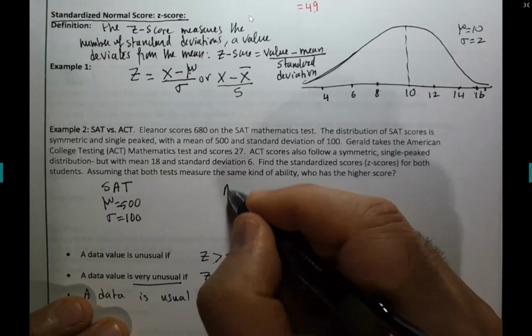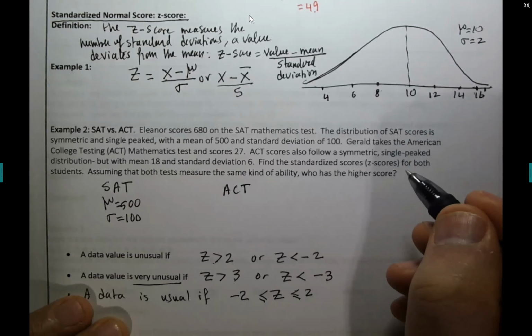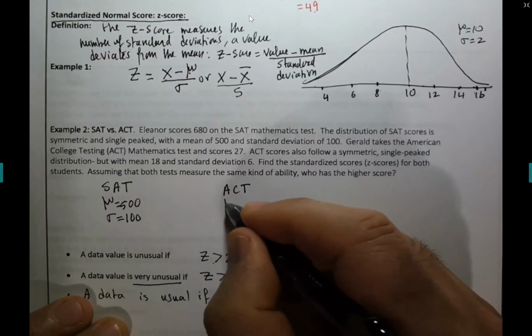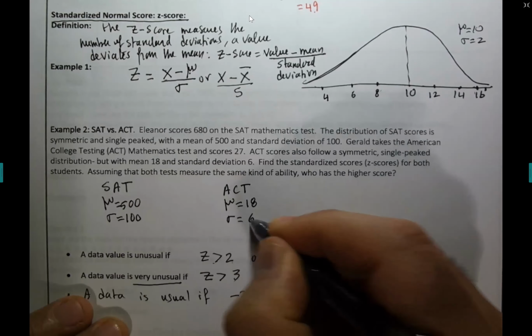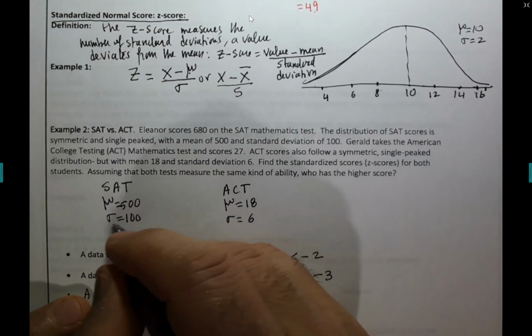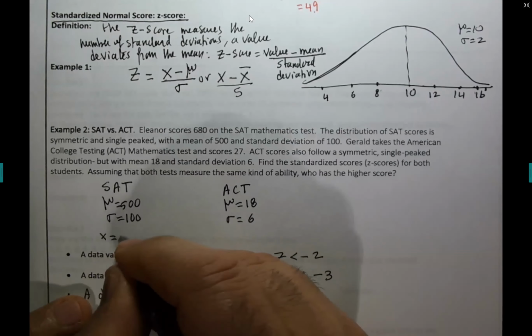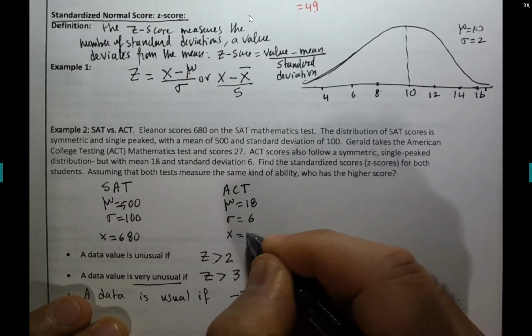ACT scores follow a symmetric single peak distribution, but with a mean of 18 and a standard deviation of 6. So we have Eleanor scoring 680 and Gerald scoring 27.